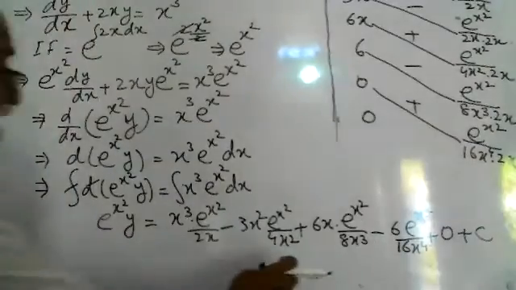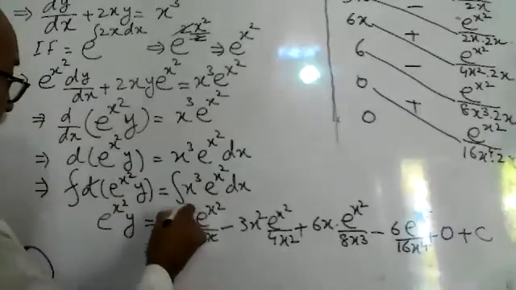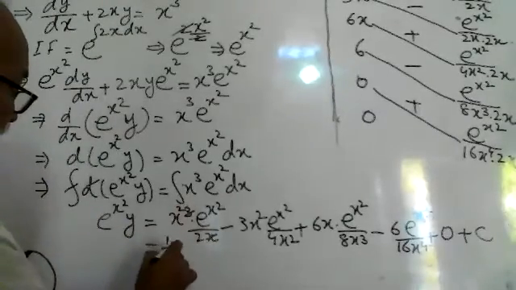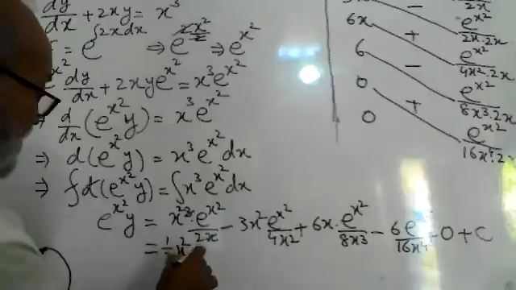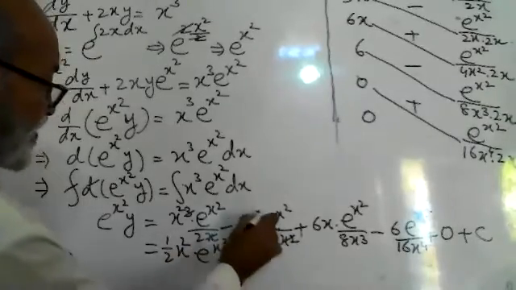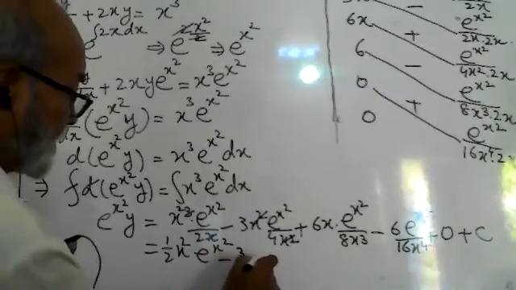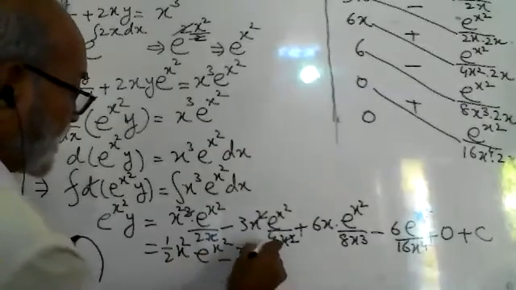To simplify this one, x is cancelled. So 1 over 2 x square e raised to power x square, minus, x square is cancelled, 3 upon 4 e raised to power x square.